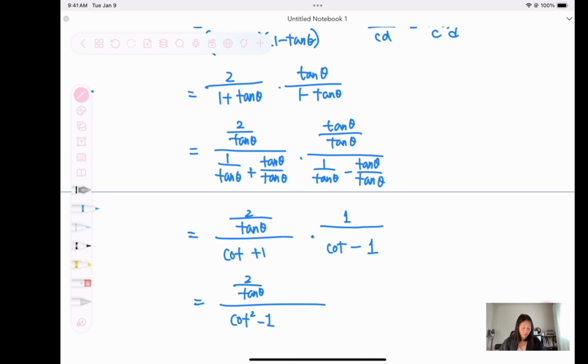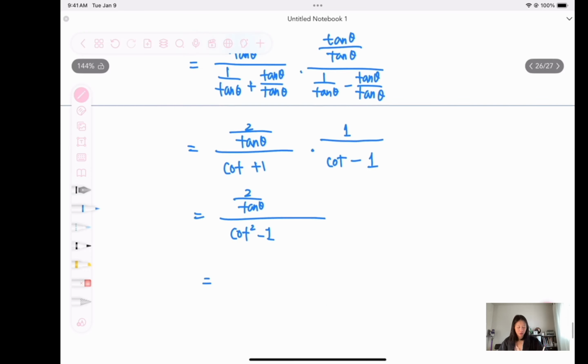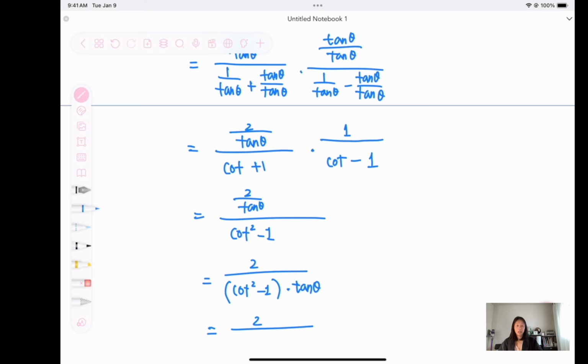Then I need to simplify the tangent. It's getting close now. This is equivalent to 2 over cotangent squared minus 1 times tangent, right? And then cotangent squared equals 1 over tangent squared. If you multiply by one tangent, you will end up getting one cotangent. And that's it. This gives me the right-hand side.